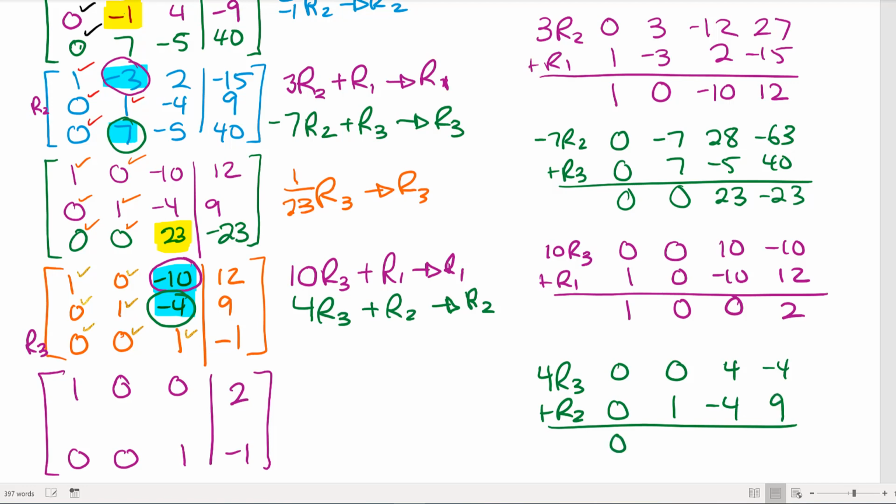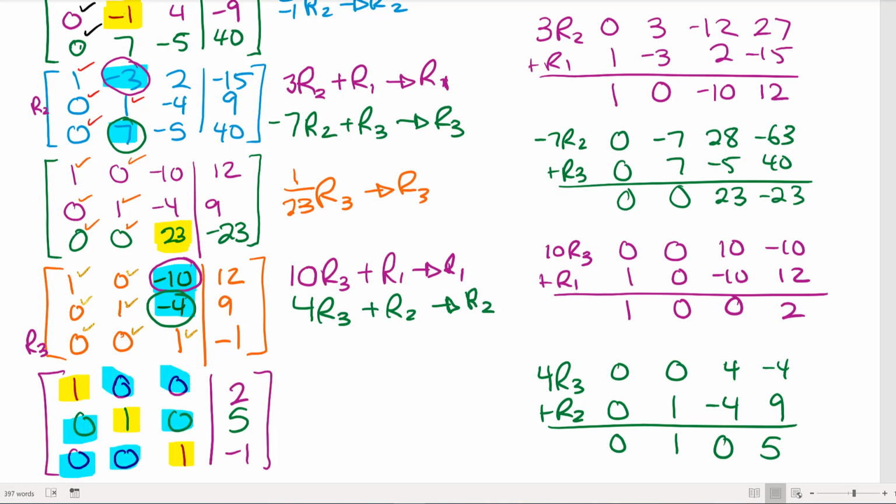So 0 plus 0 is 0, 0 plus 1 is 1, 4 minus 4 is 0, negative 4 plus 9 is 5. And that's going to be replaced into row 2. Notice that I have 1s down the diagonal, and I have 0s below and above all of those 1s.